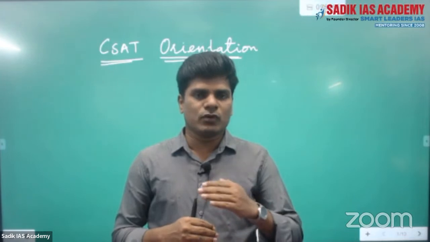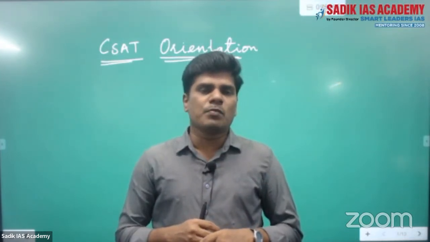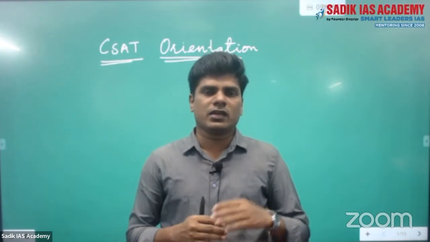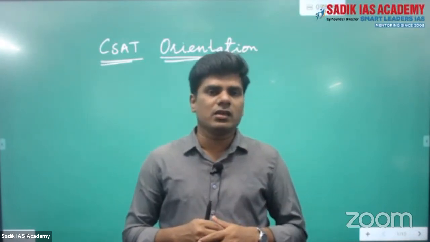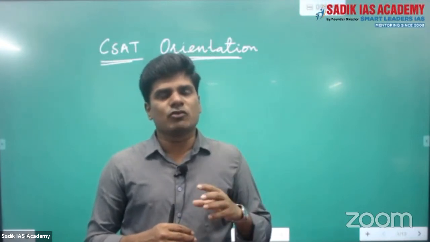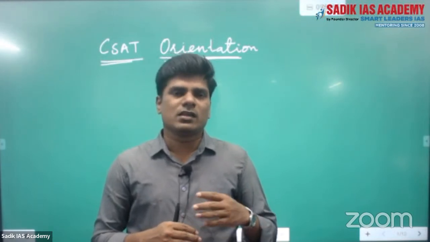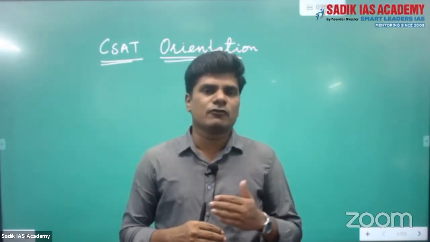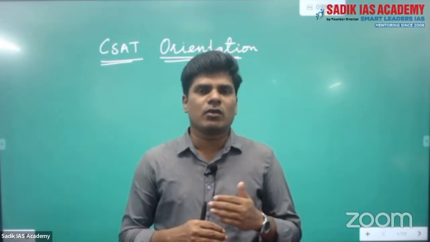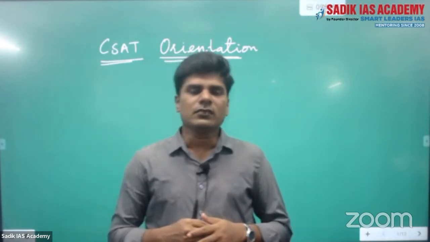Before that, I'm going to touch upon 3 areas in this CSAT orientation. First is the basic information about the CSAT paper: what it is, what the syllabus is, how much mark you have to score, what the negative marking is, and so on.